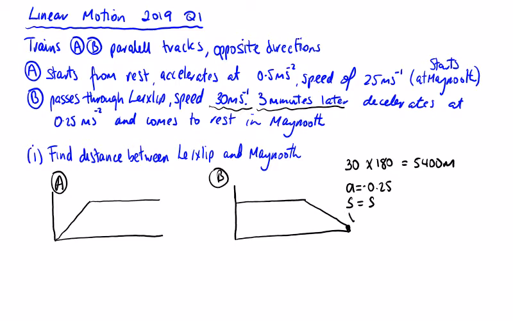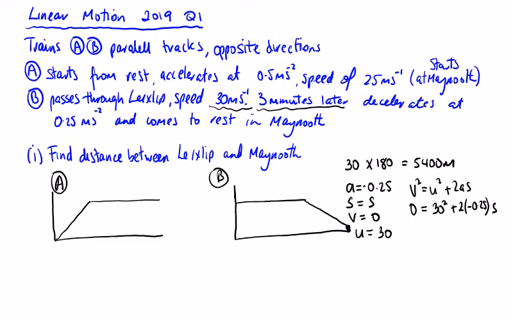He comes to rest. So my final velocity is 0 and he started at 30. So using the formula v squared is equal to u squared plus 2as, we should be able to get an answer for s. 0 is equal to 30 squared plus twice minus 0.25 by s. So what's s going to be?